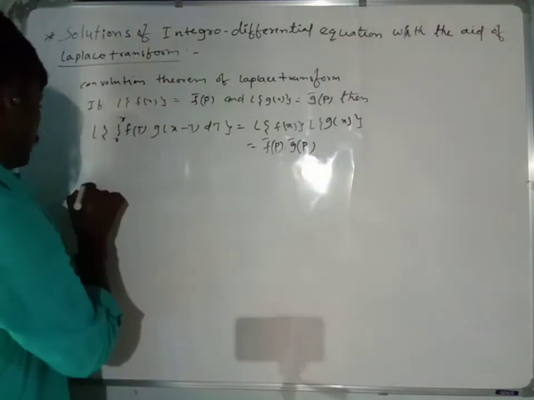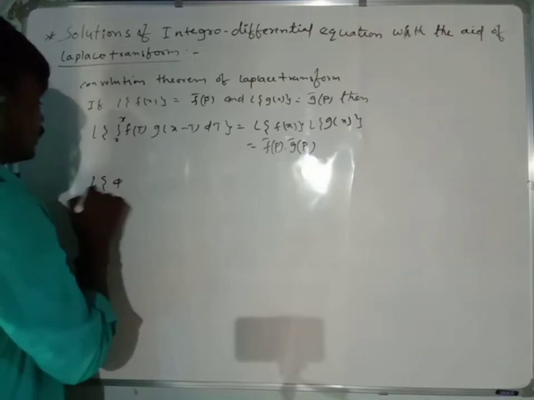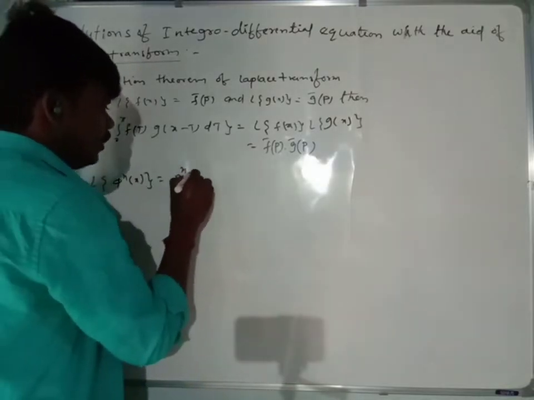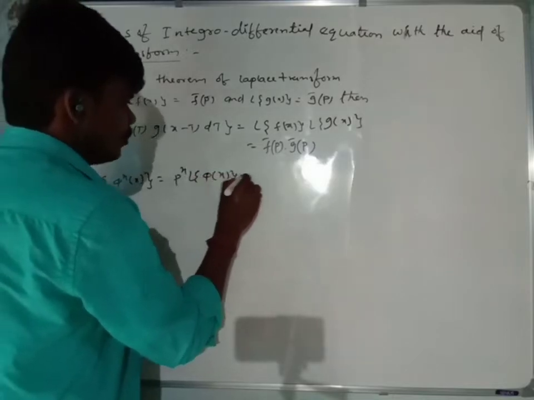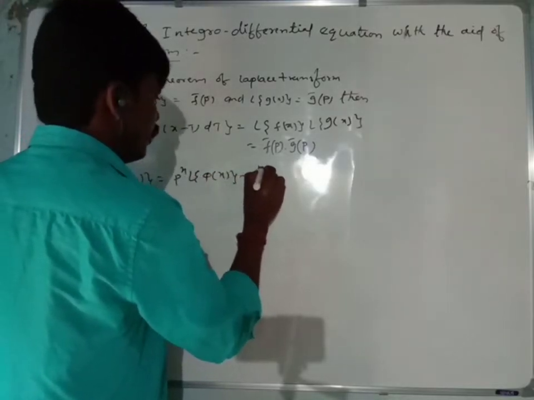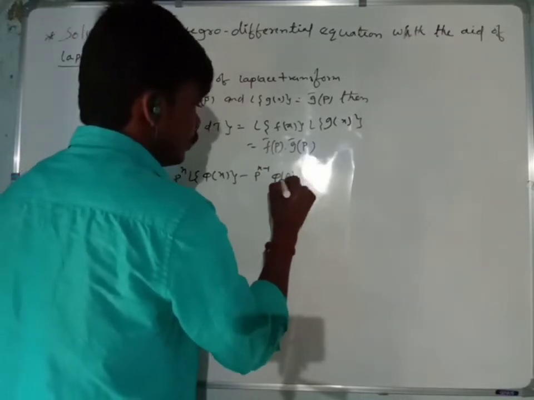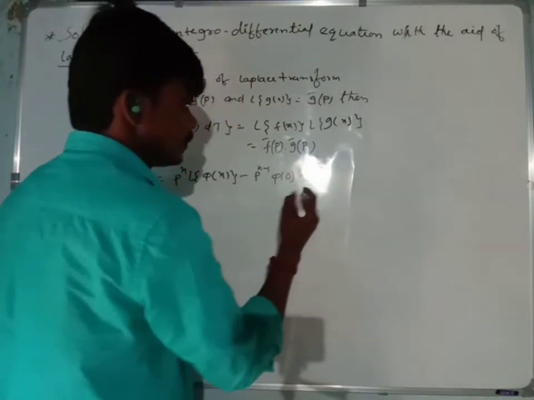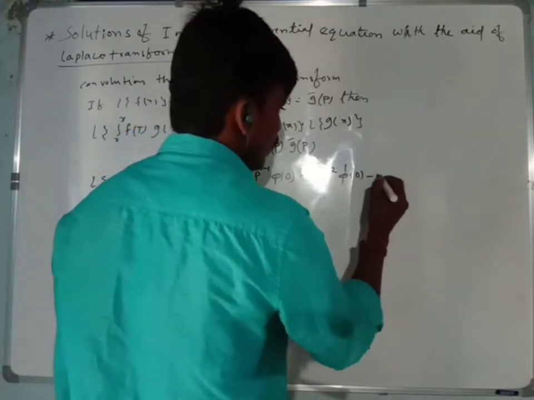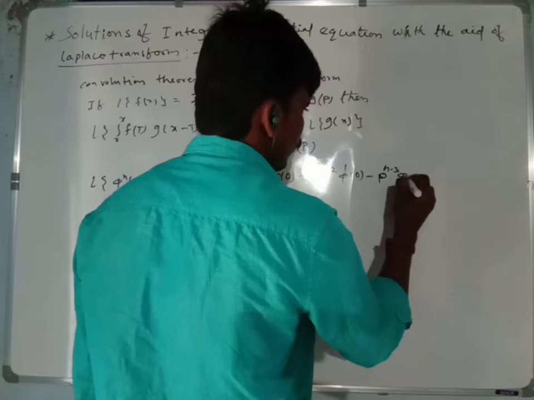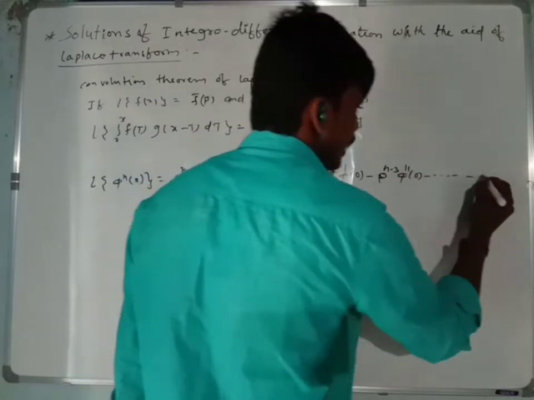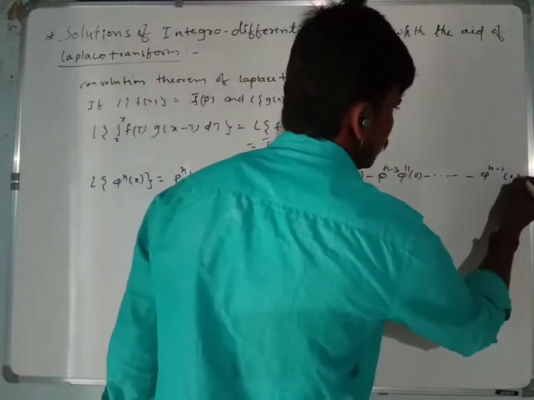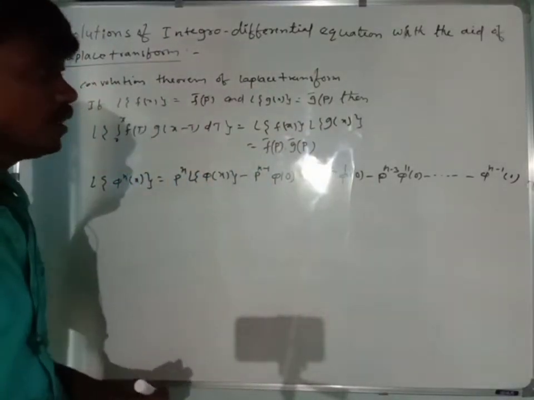And we know one more, the Laplace transform of derivative function phi n of x equal to p power n Laplace transform of phi of x minus p power n minus 1 phi of 0 minus p power n minus 2 phi dash of 0 minus p power n minus 3 phi double dash of 0, and so on, up to minus phi n minus 1 of 0.